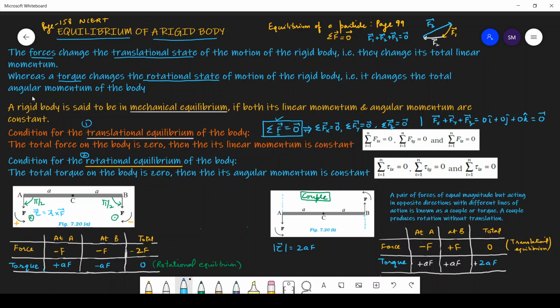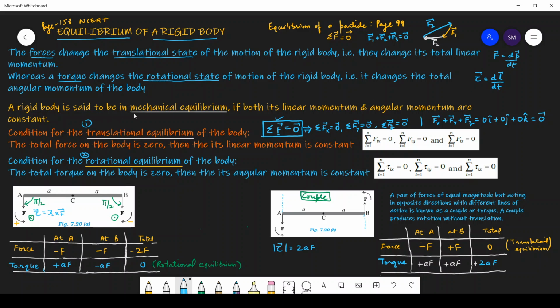Means it changes the angular momentum of the body. Whenever you apply force, you know the formula, Newton's second law, F equals dP by dt, and here torque equals the rate of change of angular momentum, dL by dt.